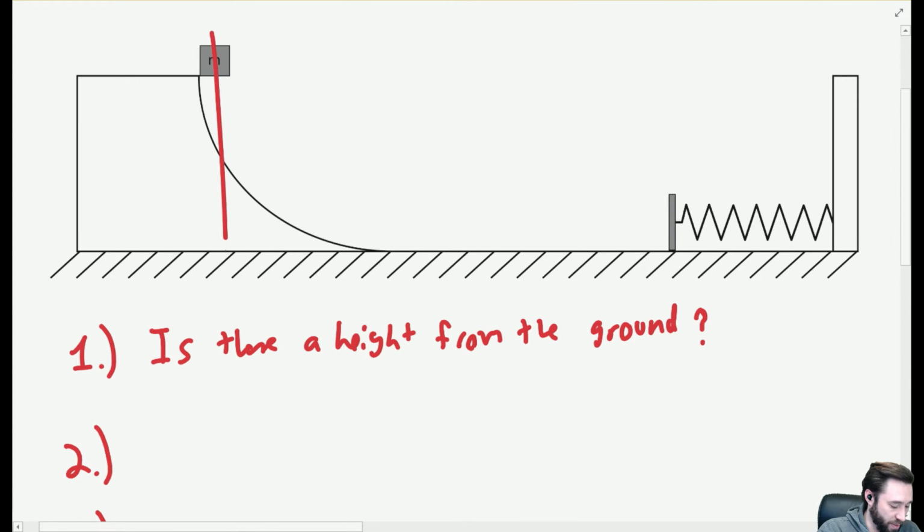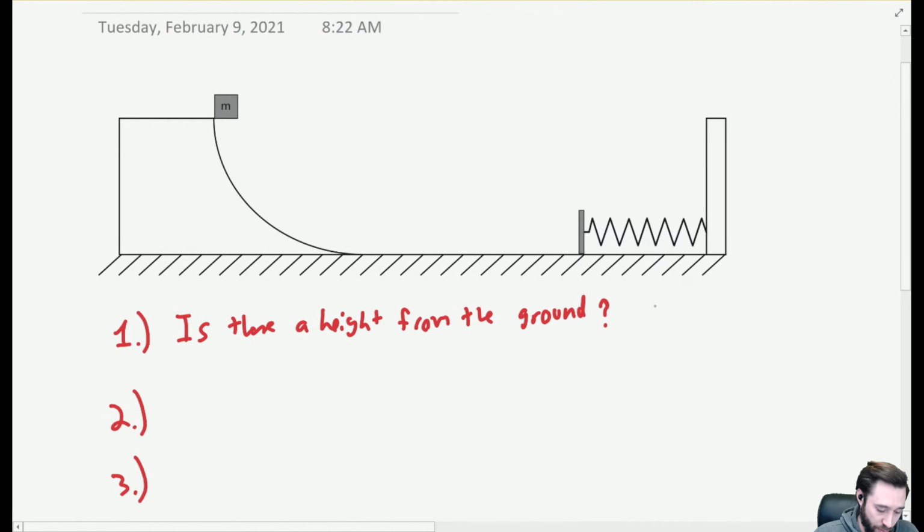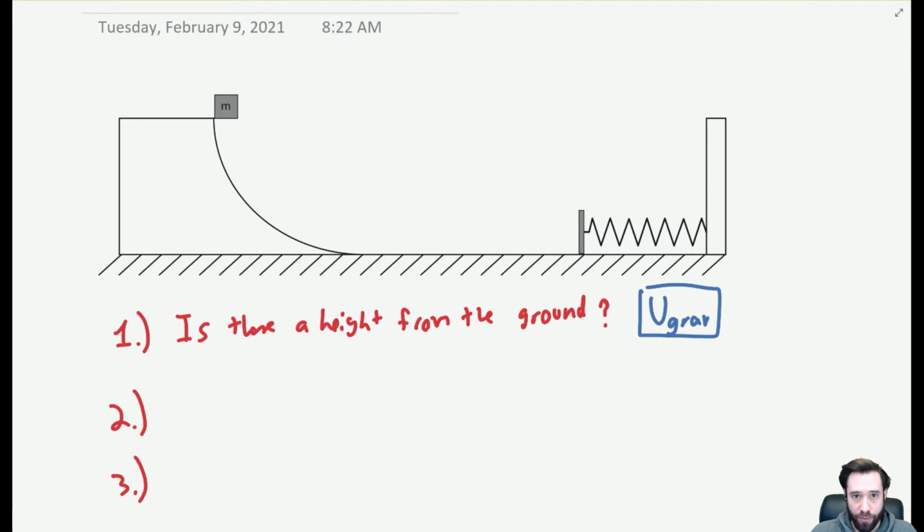Remember, state 1 is going to be right here. This question is referring to U gravity, or the gravitational potential. It doesn't matter what order these are in, but as long as you ask all 3 of the questions, it'll walk you through it.